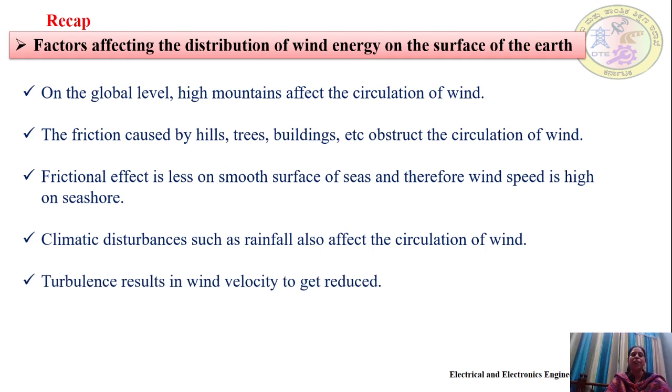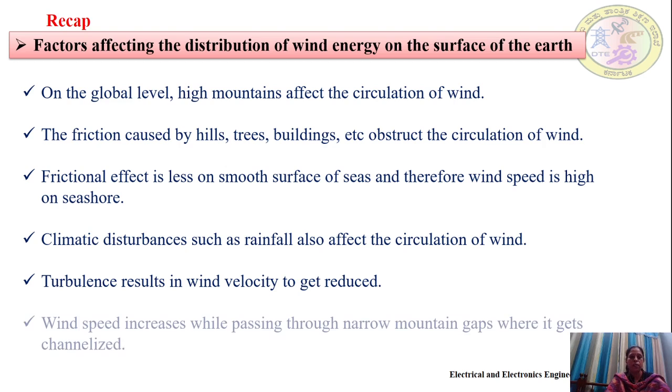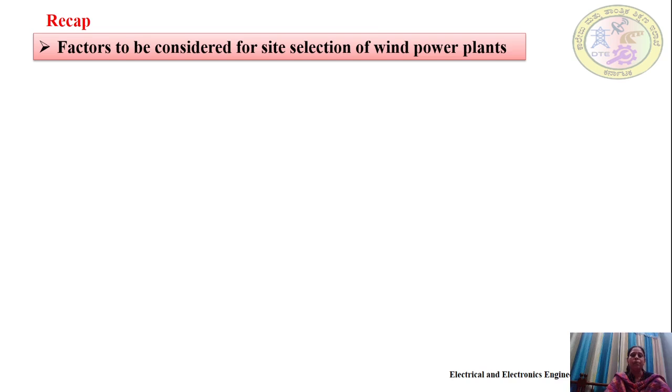Turbulence, that is irregular motion of the air, results in wind velocity getting reduced. Wind speed increases while passing through the narrow mountain gaps where it gets channelized. So in between the mountain gaps where the wind gets channelized, the wind speed increases.